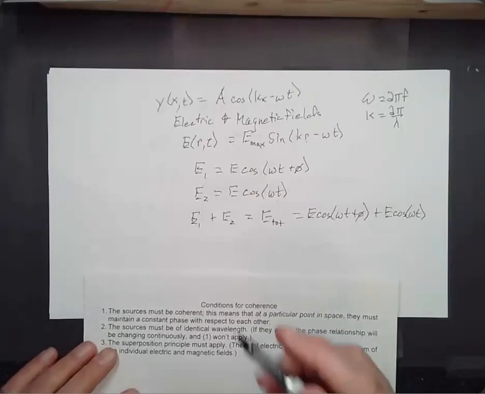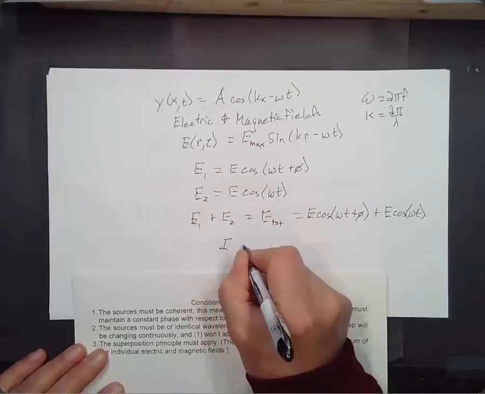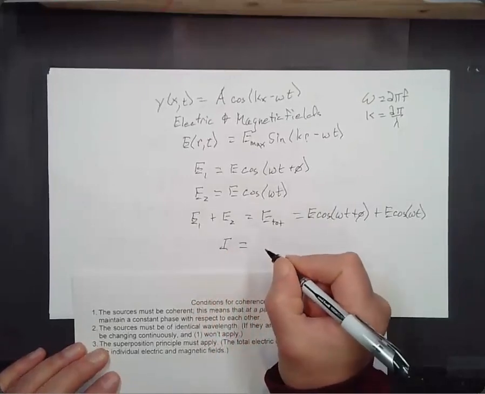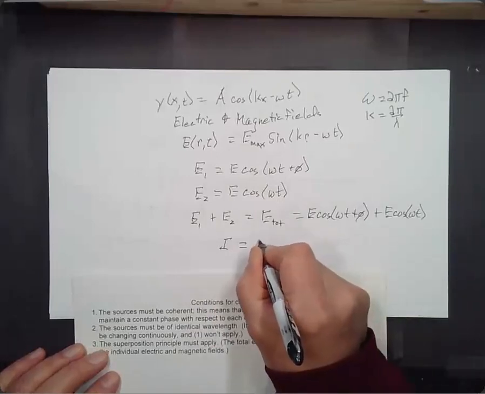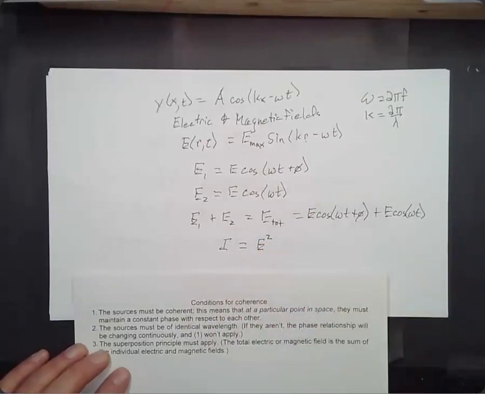And it turns out that the intensity of the light is going to be, let's see, I'm not sure which letter I want to use for this, but it'll be proportional to the square of the electric field.